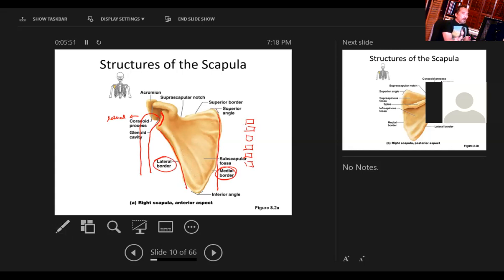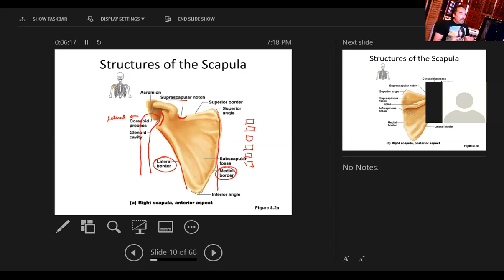And then I should be able to know my superior and inferior, okay? The superior part of the scapula has this notch. Since it is above the scapula, I'm going to call that the suprascapular notch. Again, as I said, anatomy is the name or the description of a certain structure.